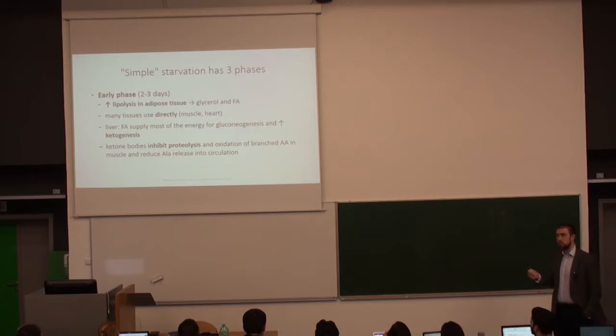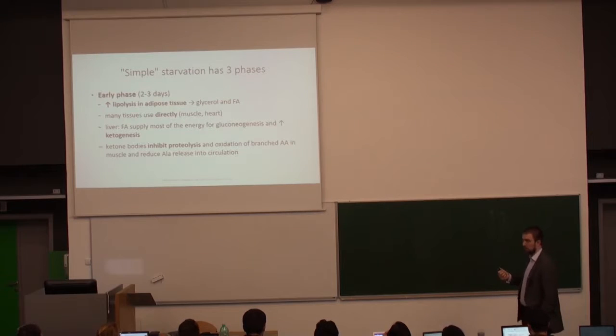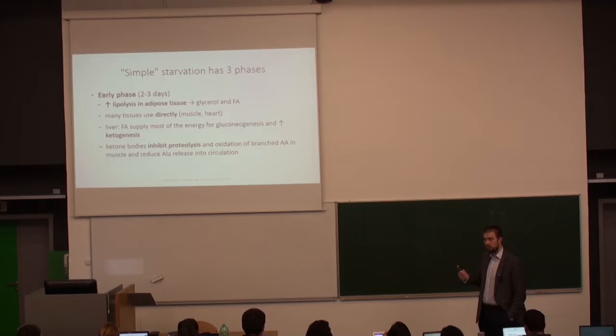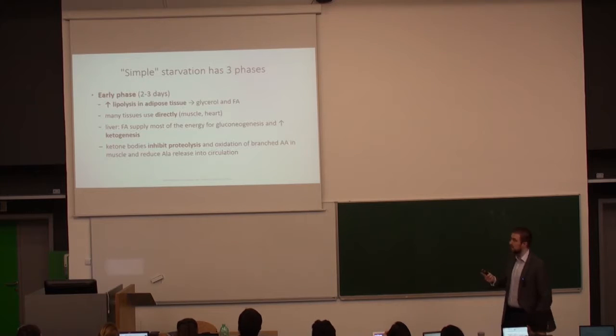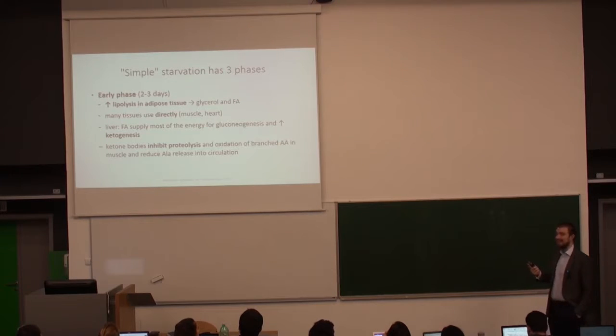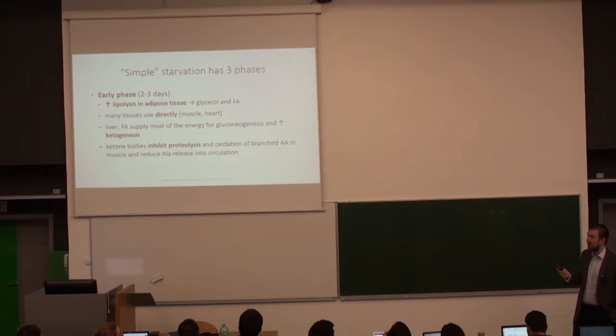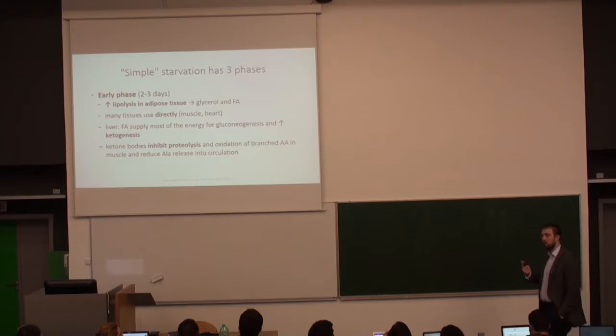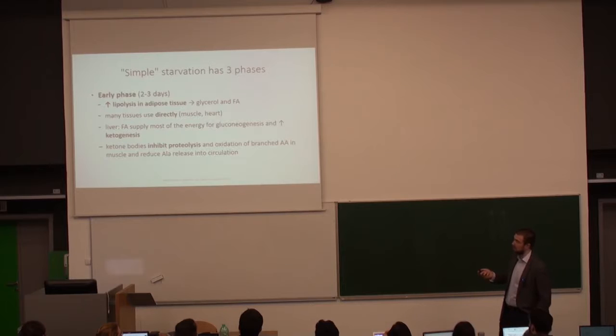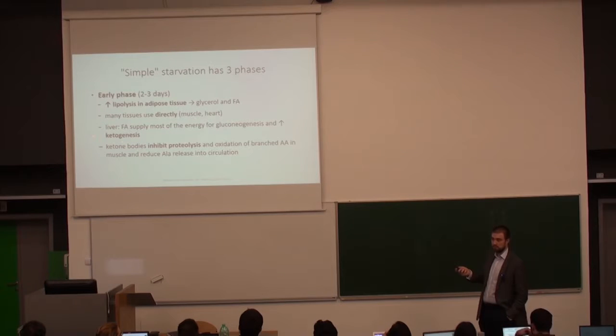First, a portion is used for the energy. That means to feed the gluconeogenesis pathway. Second, since the fatty acid supply in the liver is very high, the increase of acetyl-CoA molecules will be utilized in ketone bodies production. Some tissues can use the fatty acids directly.